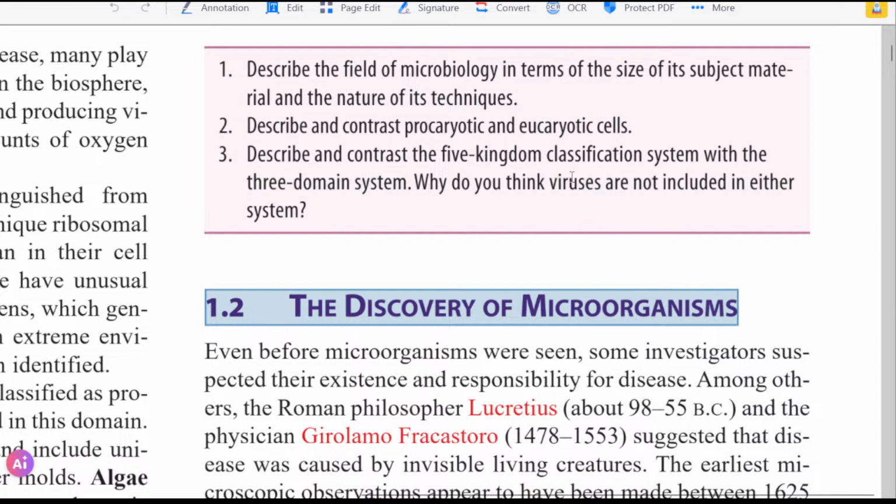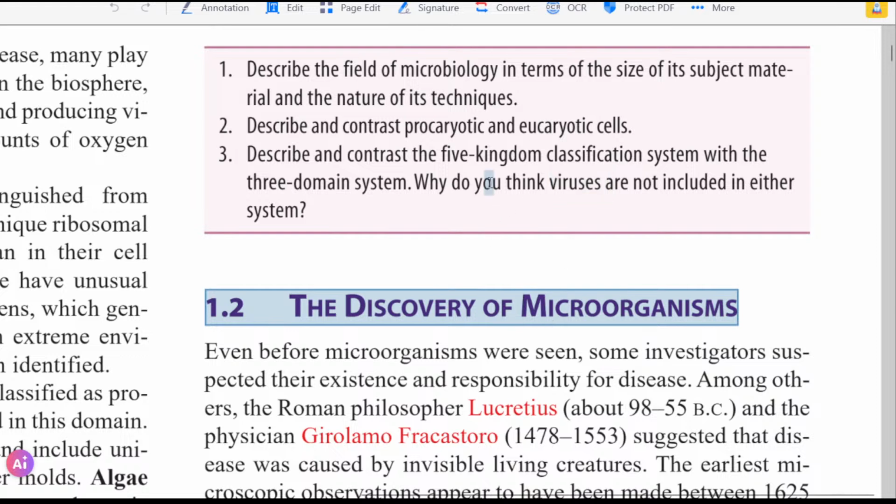So if they are not even considered living things, we don't classify them in these systems. We can say if something is a prokaryotic cell or a eukaryotic one, but this isn't even a cell. This is an acellular entity. I don't know if we can even call it an organism. It is just a molecule, genetic material surrounded by a protein capsid, or a few tail fibers, and a few enzymes in them.